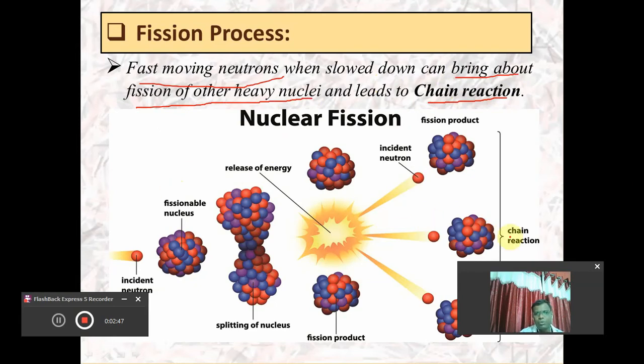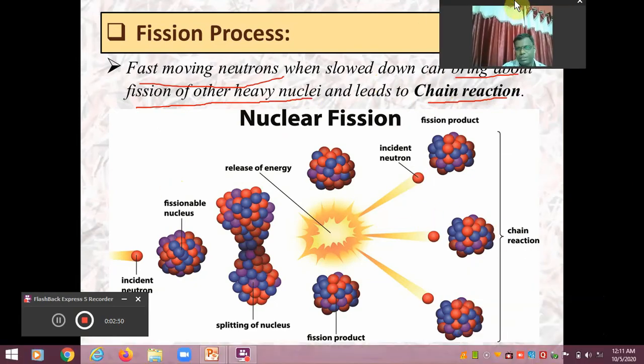So these fast neutrons, whenever converted into slow neutrons, are responsible for the fission of other heavy nuclei, and definitely it leads to the chain reaction.